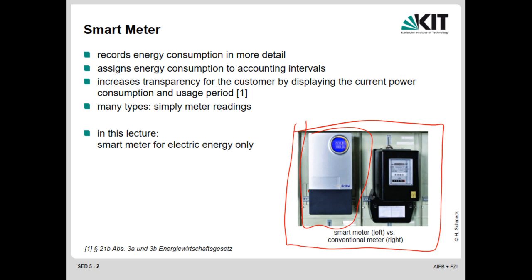And there is a communication device. This is the communication device actually, and this is providing this data that is used in these Stromradar and in the EnBW cockpit. Now, some people transform such a traditional Ferraris metering system into an intelligent device by attaching a small device here, an optical sensor.